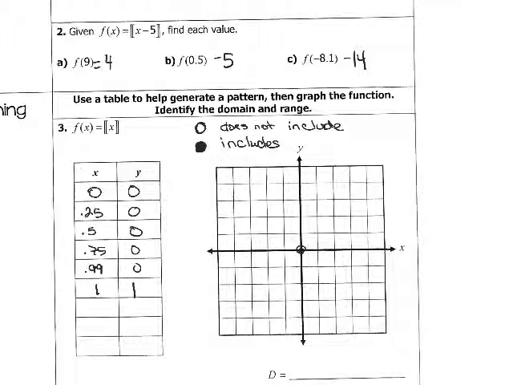So it includes 0, and it also includes all of the quantities that would round down to 0, but it does not include 1 until you get to 1. Then it includes 1 and all the quantities between 1 and 2, but not 2.